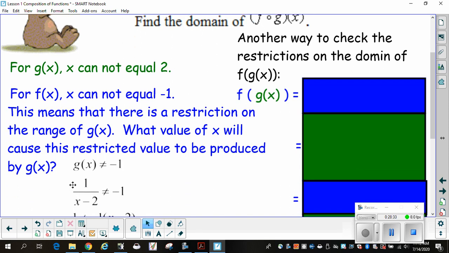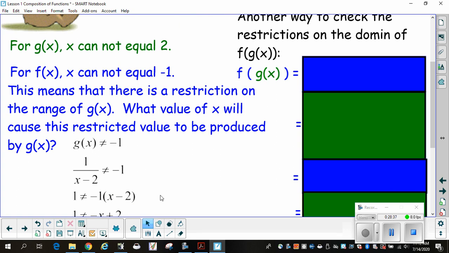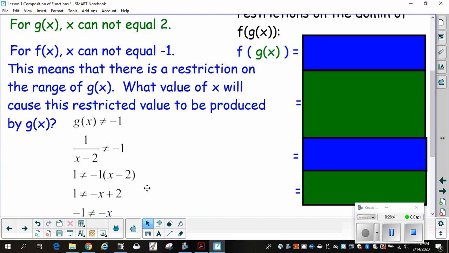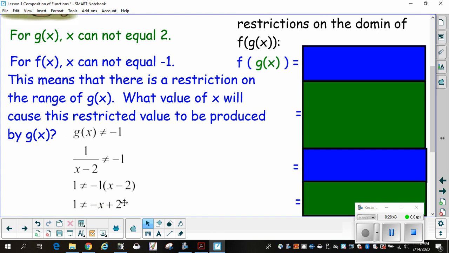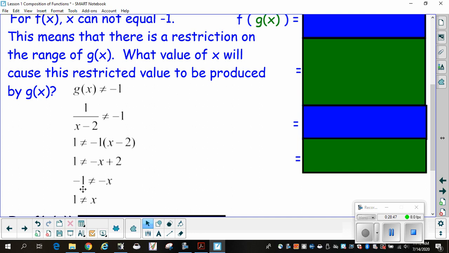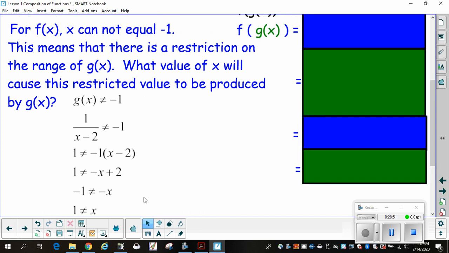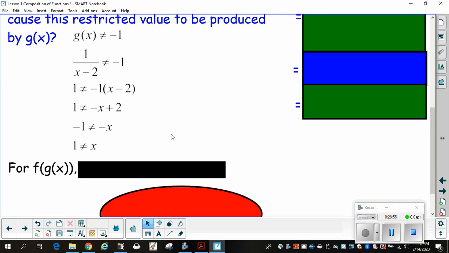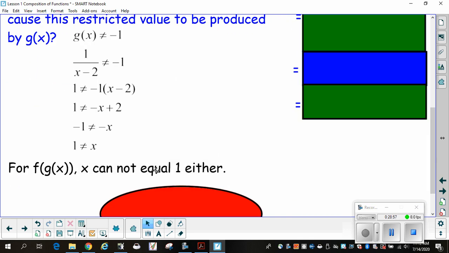So 1 over x minus 2 cannot equal negative 1. Multiply both sides by that denominator. Distribute the negative 1. So negative x plus 2 cannot equal 1. Subtract 2. Divide by negative 1. x cannot equal 1. So in addition to not equaling 2, x cannot equal 1 either.